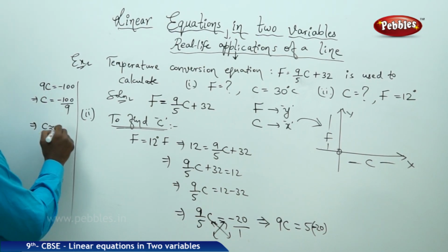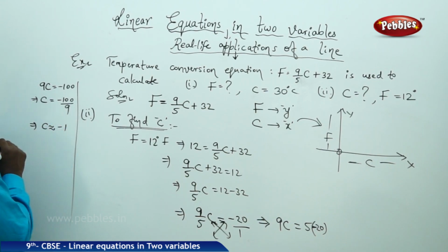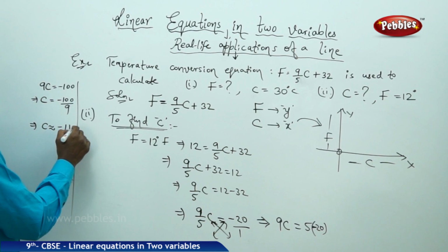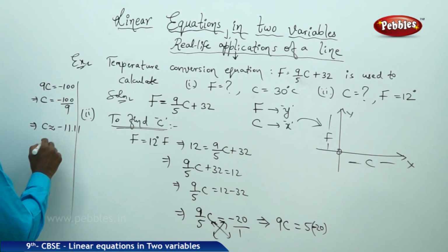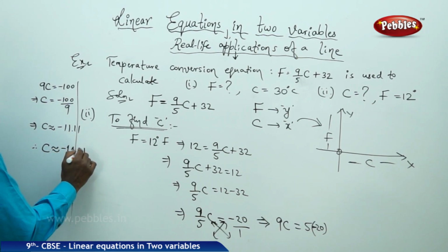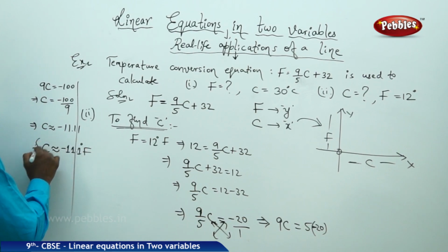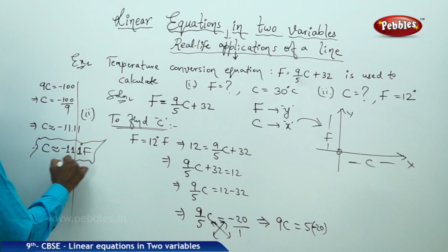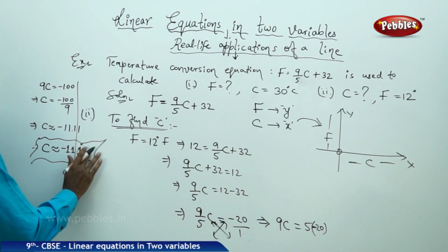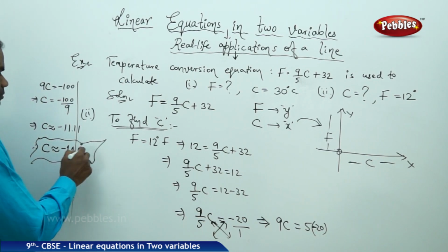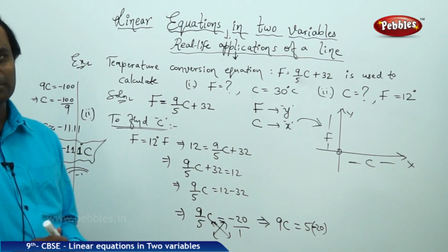converts to minus 11.1. So approximately C is negative 11.1 degrees centigrade. This is how we understand the conversions as done through the Fahrenheit.